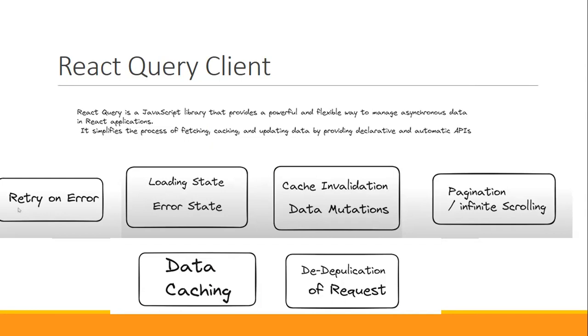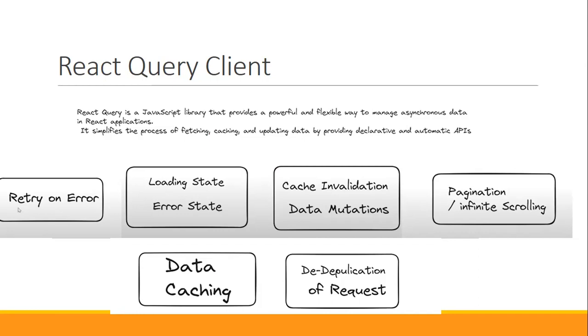Error is equal to false before we call the API, and if something happens, then in a promise we decide where the error is, right? And accordingly we display the div for loading and the div for error, right? So these things you don't need to do. There are isLoading and isError attributes on the object, you just need to use them and you will get that particular value. You don't need to create your own variables.